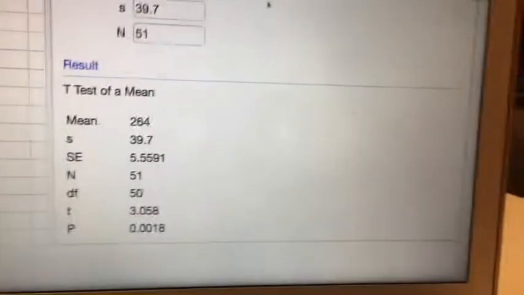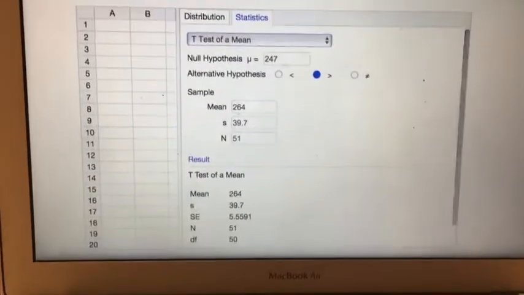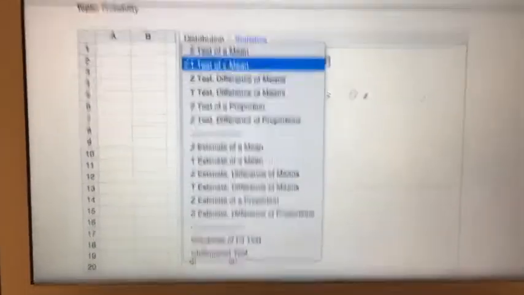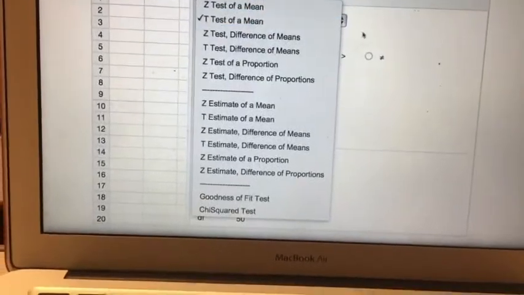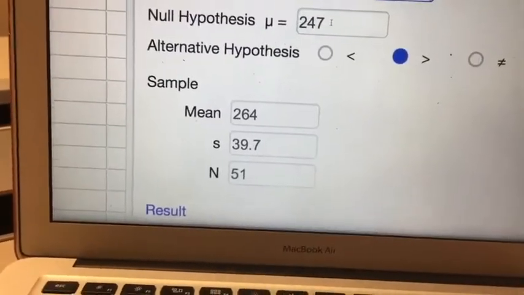So you just go here, and then again, you're using a t-test because you don't know your population standard deviation, and since the problem had the word average in it, you're going to be using mean. And so you just click on that, and your null hypothesis.